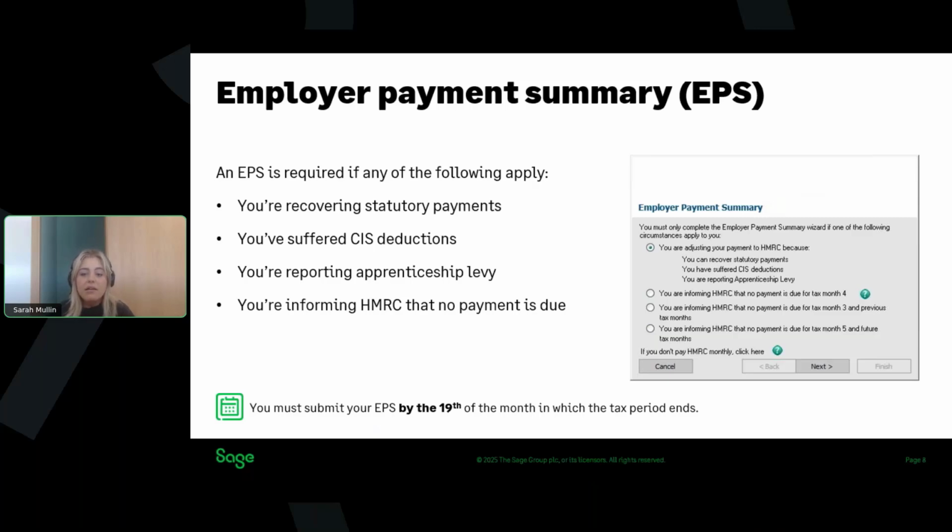But as you'll see in a second on our demo, if you are recovering a statutory payment, that's probably going to be the most common reason to send this. The EPS is required to submit the values that you've recovered for the entire tax year. So it is always going to be a running year-to-date submission as well. So that's a little bit about the P32 and the EPS. Let's dive into a little bit of a demo of those two steps.